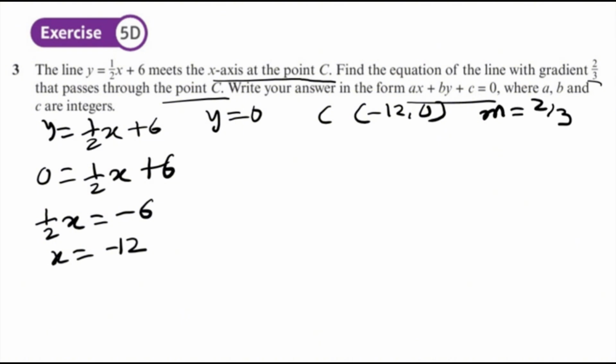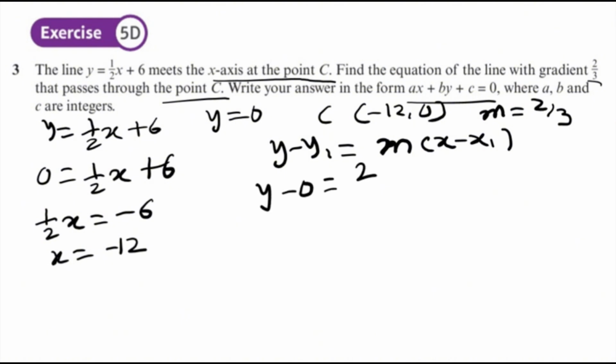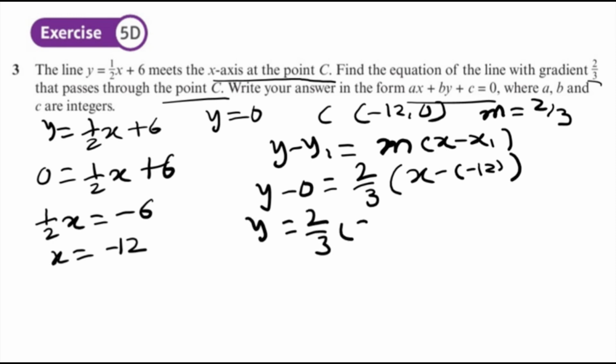Now I can use the equation of line. y minus y1 is equal to m into x minus x1. So y minus 0 equals 2/3 times x minus minus 12. So y is equal to 2/3 x plus 12.